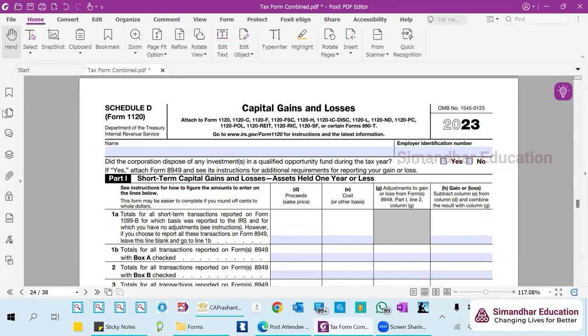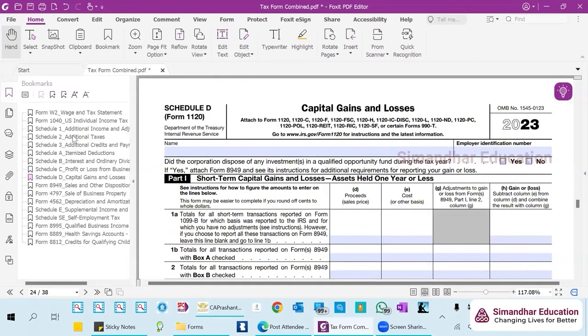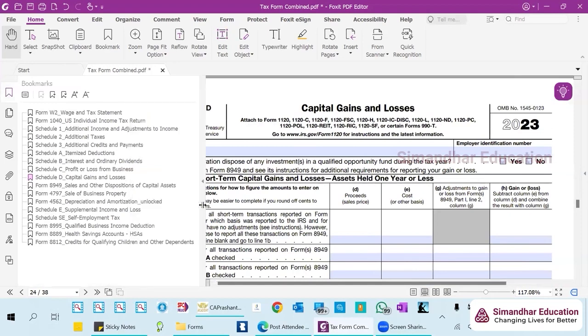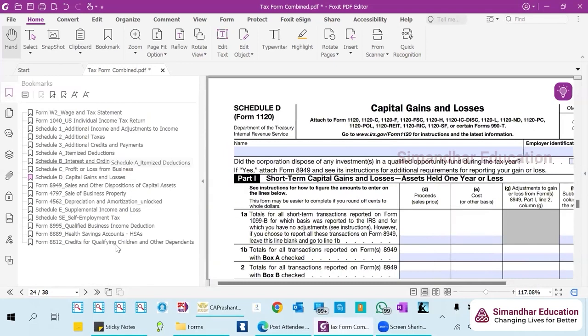Okay, well, let me do this, guys. Write it down from here on the left side instead of me repeating it. You see the bookmarks? I'll just come, write it down.